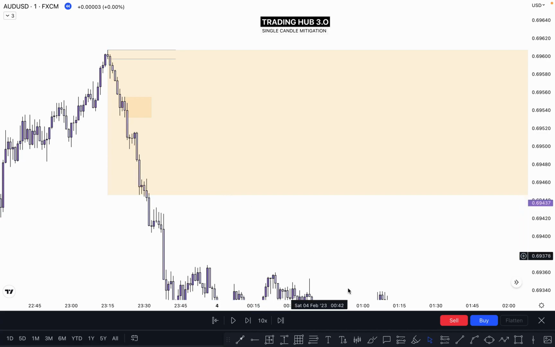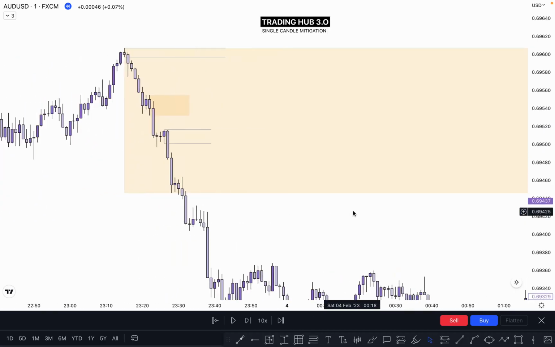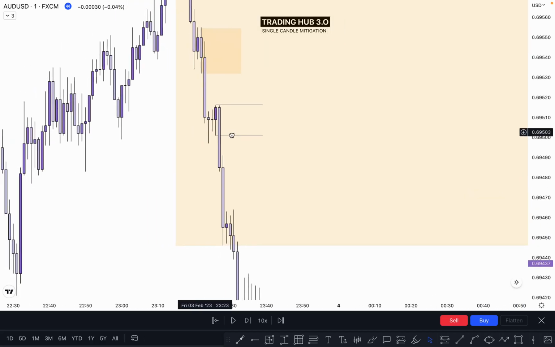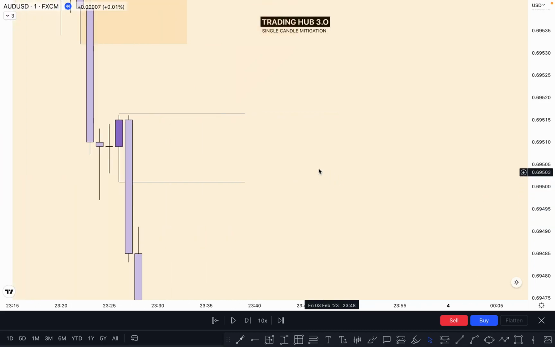And where is our next order block? Look at this one. This one is our valid order block, so we can mark it here. But look at this part very closely, then you can see what is happening. These two highs are equal highs, correct?